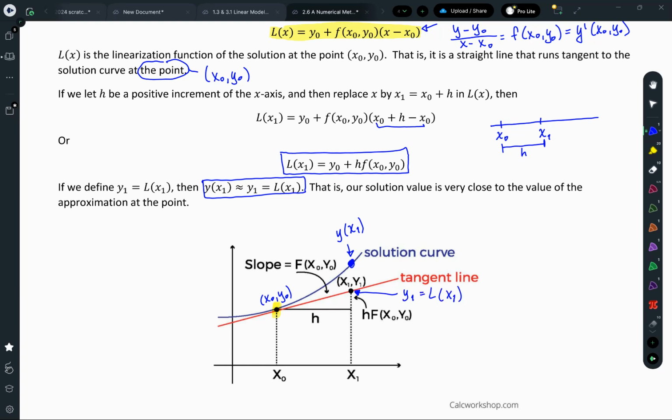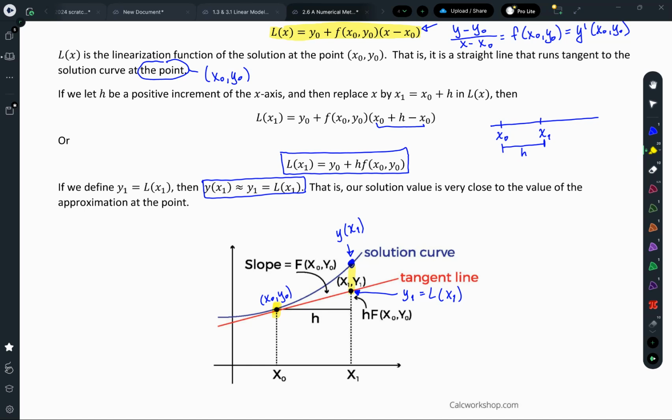And so you notice there's a bit of a difference between these two values. We did not get the exact value, and we most likely never will unless the solution curve is a line. Most of our solution curves are not lines, so I would say most of the time we are not going to get an exact value. We're going to be off by some amount.